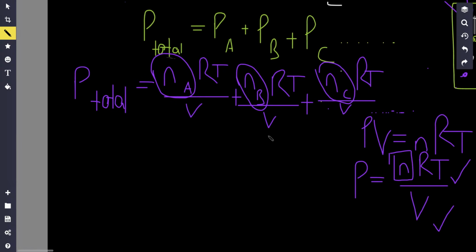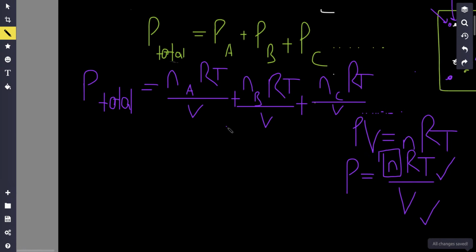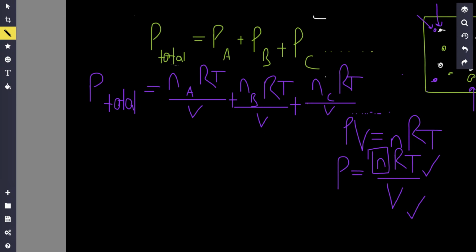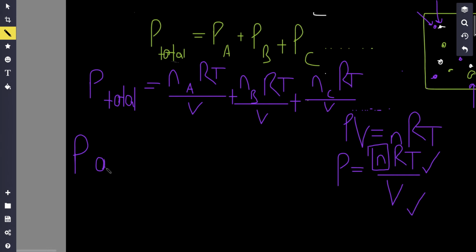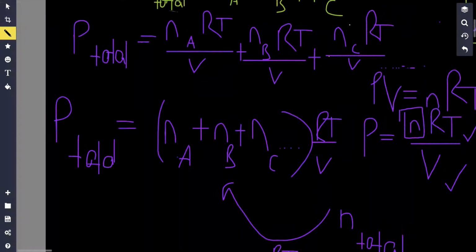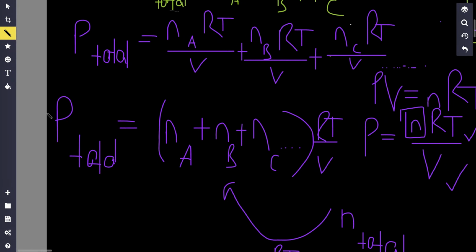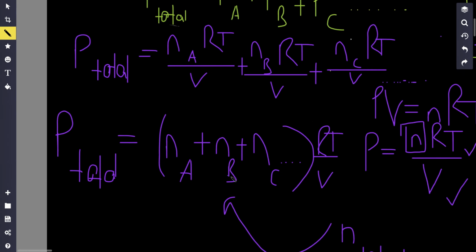So that's why I use A, B, and C to represent that these values could be different from each other. Now, what I'm going to do is factor this. If we factor this, we get P total equal to the sum of all the moles of gas A plus B plus C, dot dot dot, because there could be more gases, all multiplied by RT over V because that's constant.